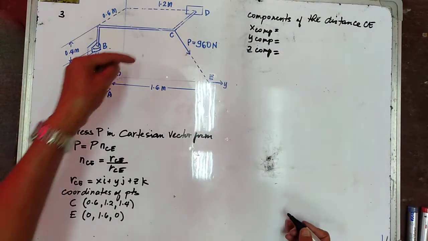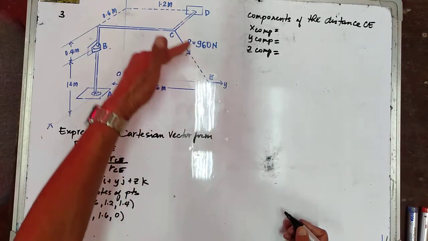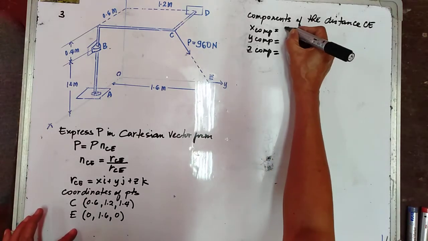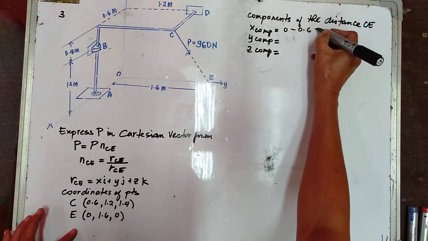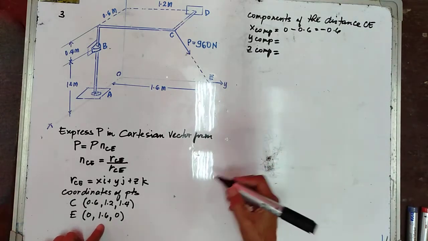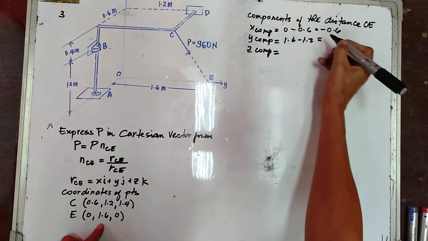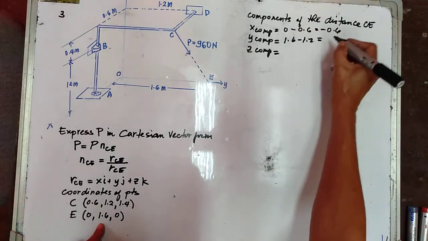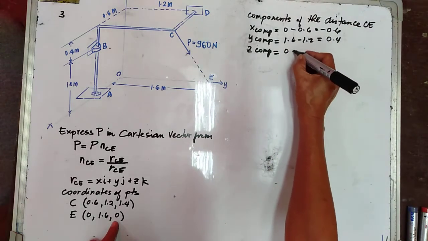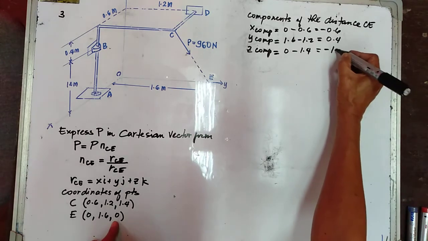So your P is directed from point C to E. Again, you try to recall it is head minus tail. So head E minus C. So 0 minus 0.6, that is minus 0.6. Then 1.6 minus 1.2, that is equal to 0.4. And the z, 0 minus 1.4, that is negative 1.4.